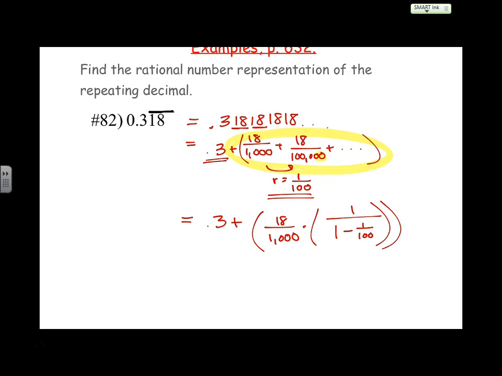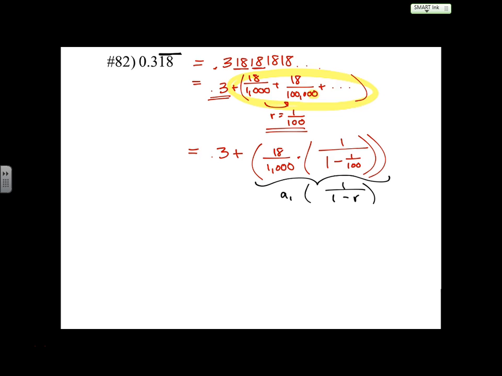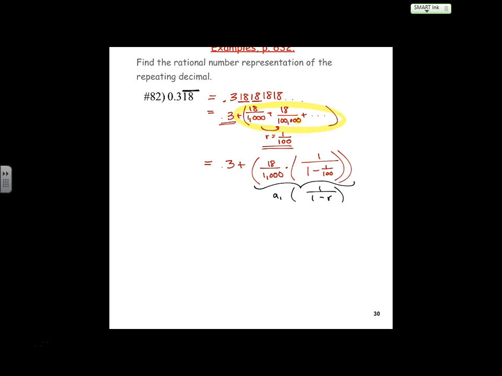So you guys need to see that's a sub 1 times 1 over 1 minus r. Does that make sense? That's all I'm doing. How would we simplify that? In terms of hundreds, we can put those together: 100 over 100 minus 1 over 100.